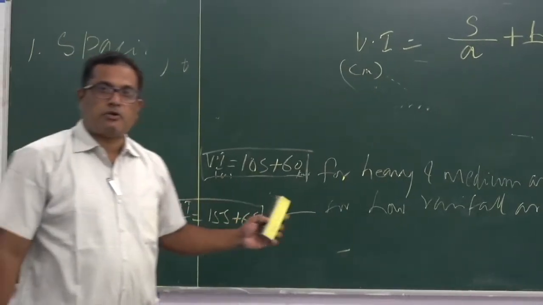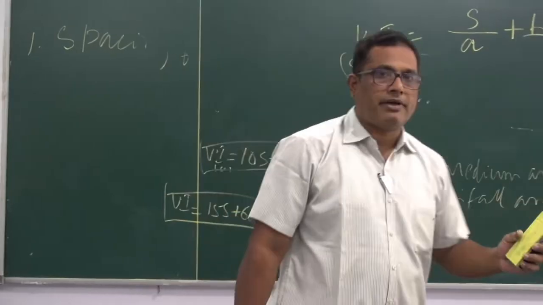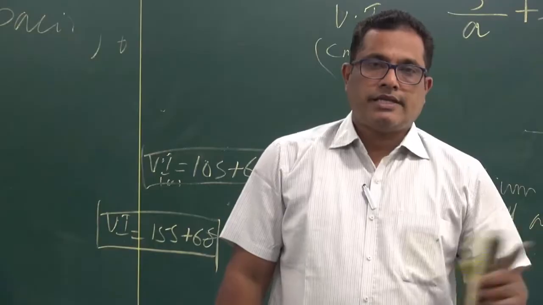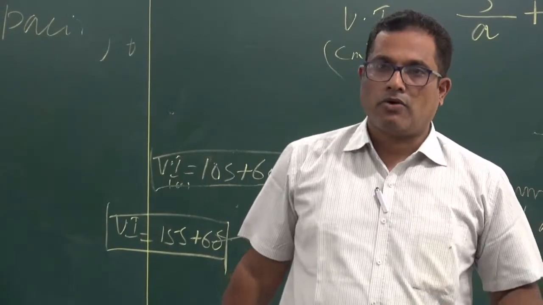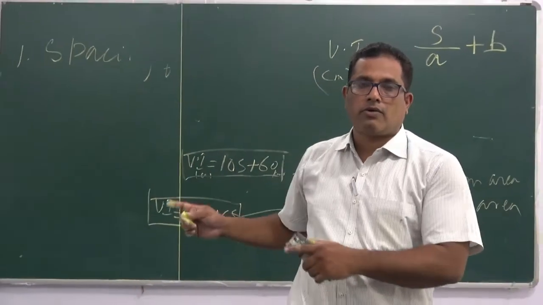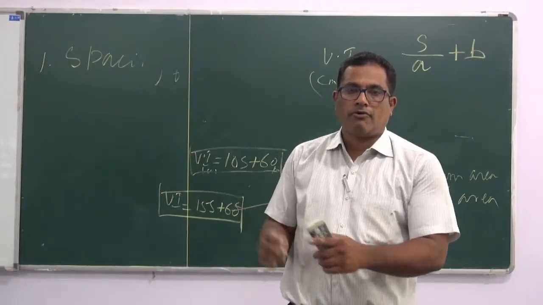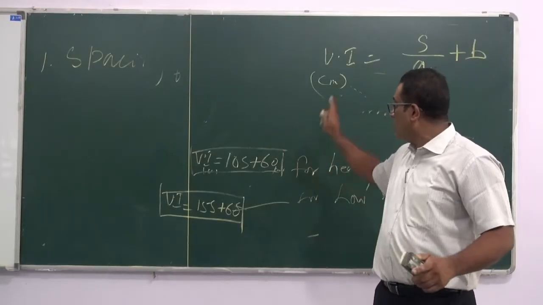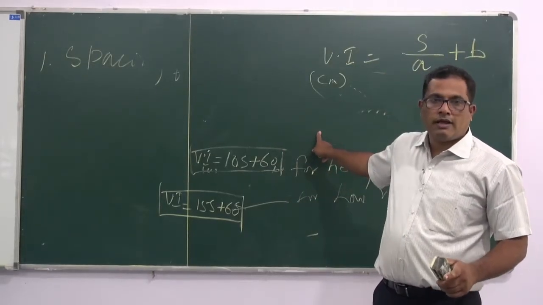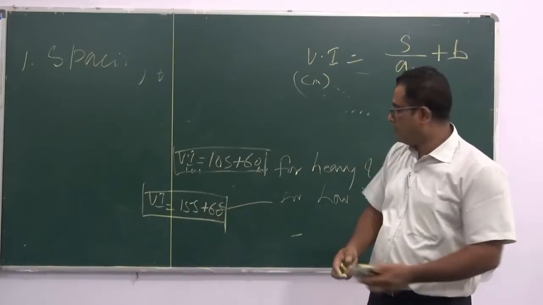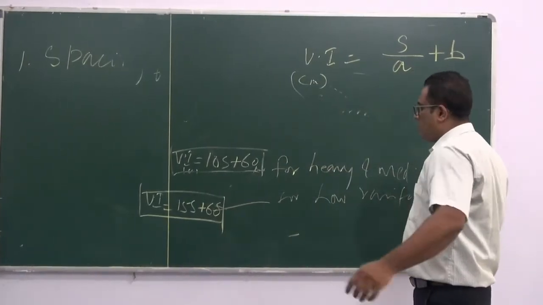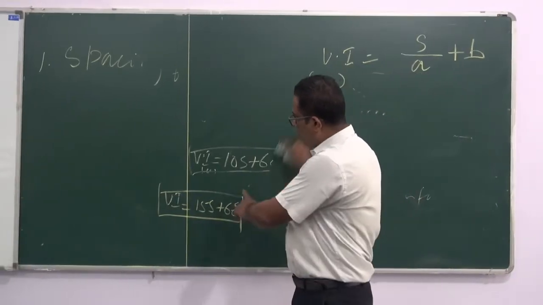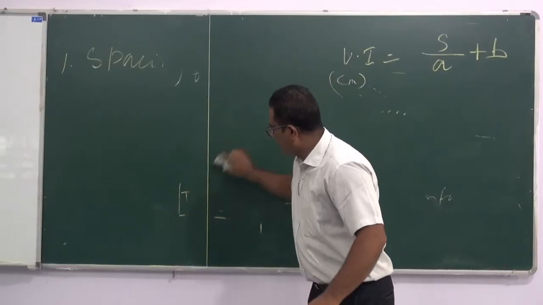Besides this there are two more empirical formula methods. One is given by Ramsey and second is given by Rex. Since it is a BSc agriculture course, had it been an agriculture engineering course, we had to deal with all types of formulas. Here for simplicity we will be discussing only this general formula for finding the spacing between two bunds. So these two formulas you have to remember.